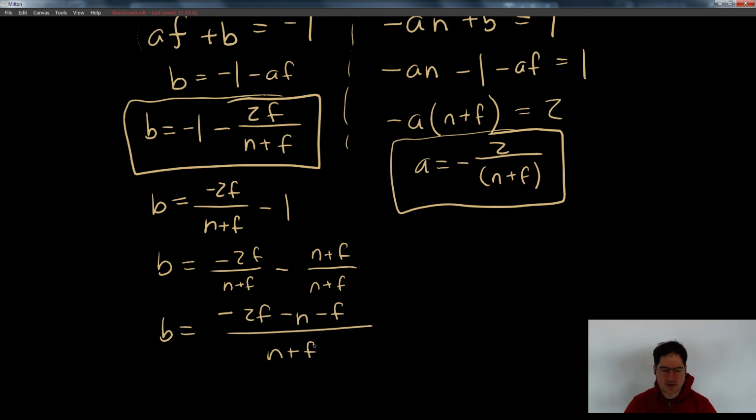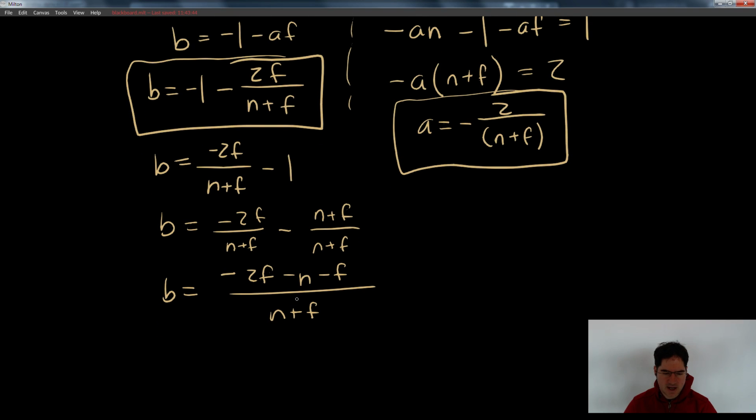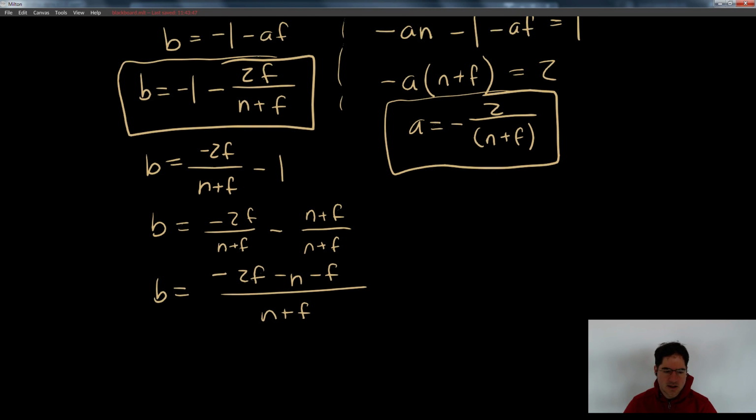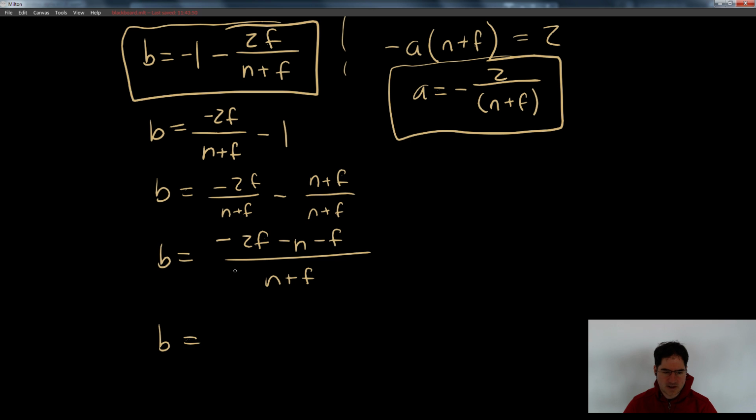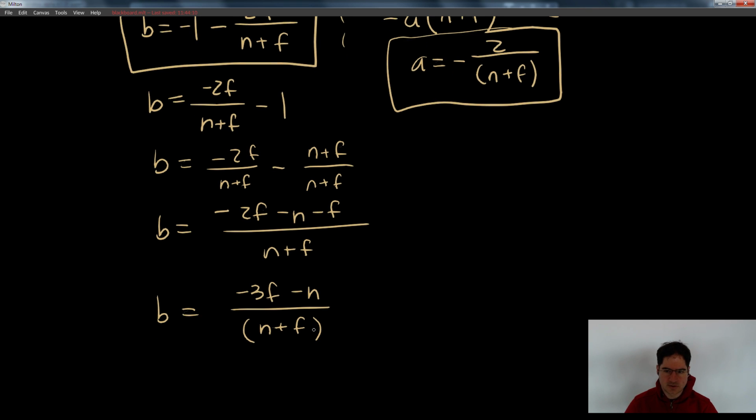The reason I did that is that it looks a little simpler, because up on top I've got multiple f's. I can just do -3f minus n plus f, right? And off you go. So I believe I did that correctly, but again, this is the kind of math that I tend to mess up. You can kind of see that it's a little bit strange.